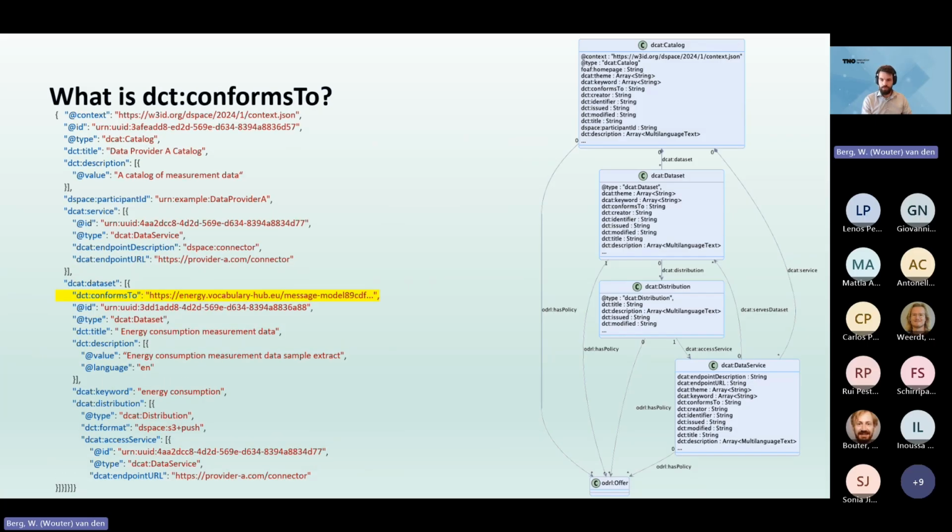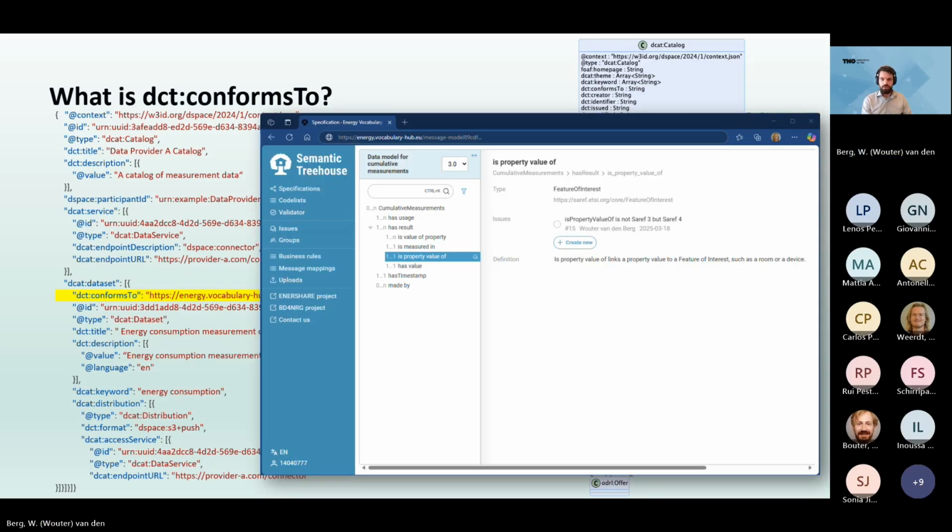Then if you follow that link, you see a human readable view as well. Again, a little small perhaps, but this is the Semantic Treehouse, like I said, our implementation of the vocabulary that we use in this project. Now you see we are in the data model for energy or cumulative measurements.